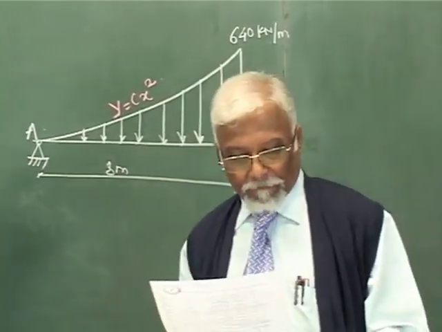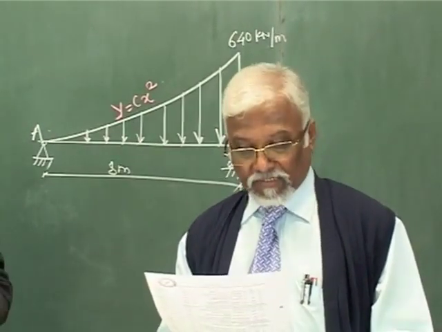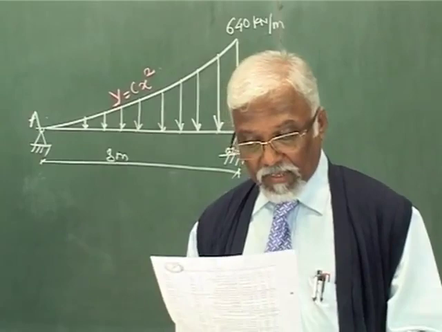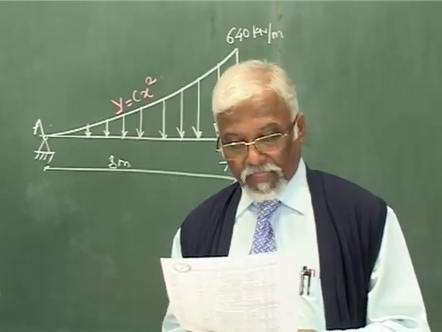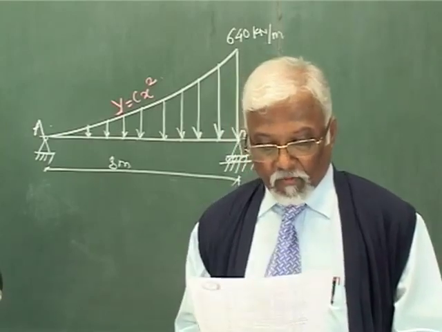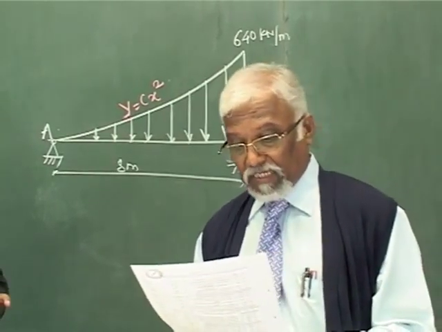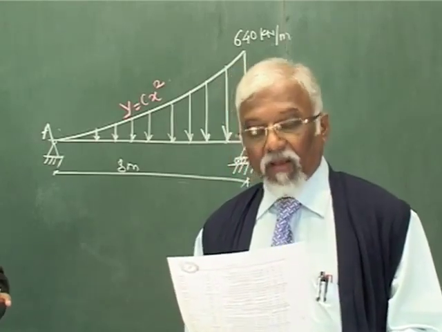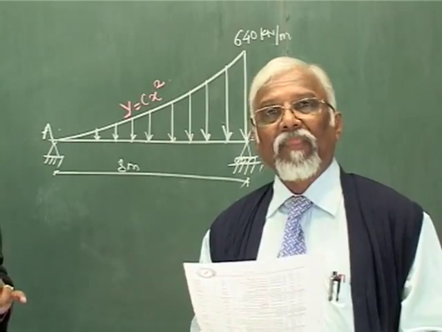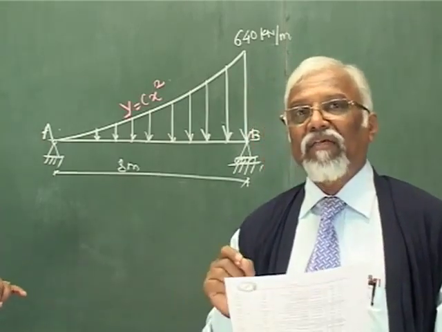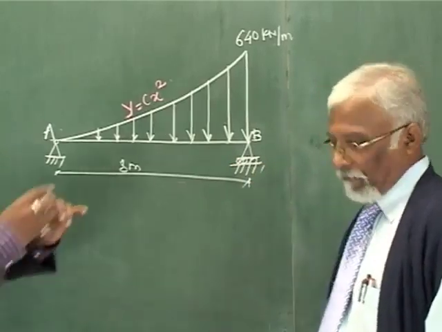Your options are A 426.67, B 1280, option C 1706.67, or option D 450. All these values are in kilonewtons. Yes, Raviraj, please.